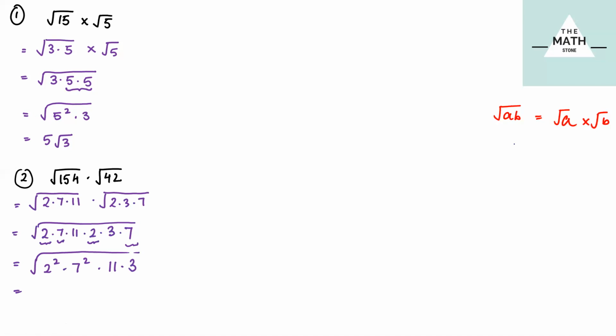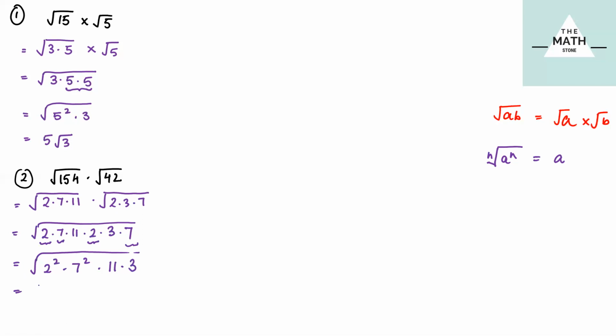Then I'm using this property very frequently: if you have the nth root of a raised to n, first we are raising it to the exponent n, and then we are taking the nth root, so we get the same number.